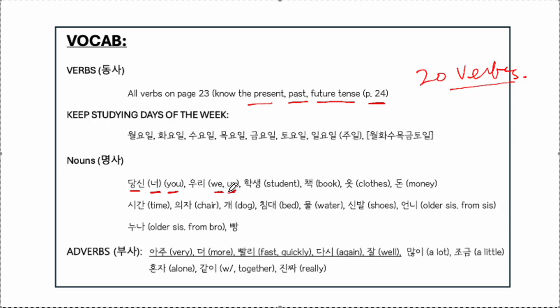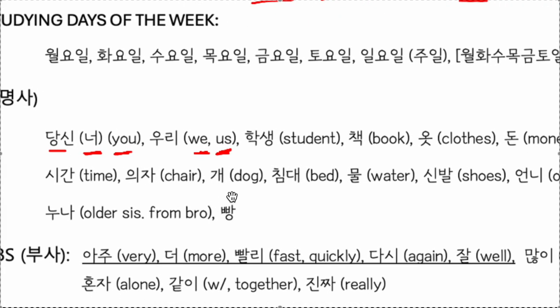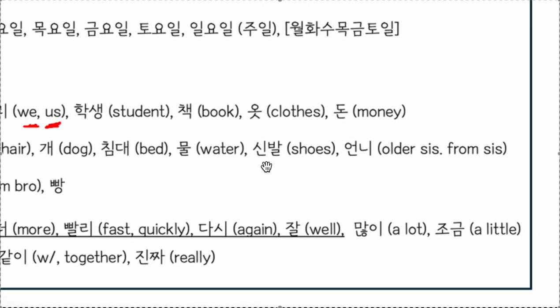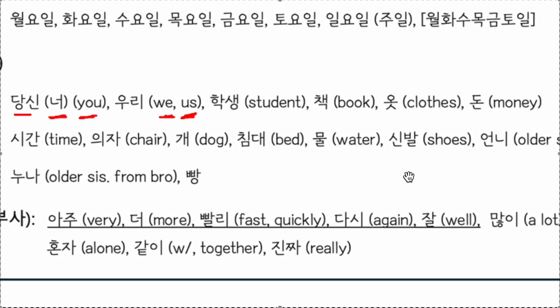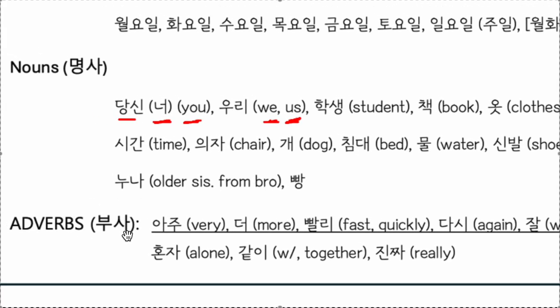It could be subject or it could be object. 학생 is student. 책, booklet, a book. 옷, clothes. 돈, money. 시간, time. 의자, chair. 개, dog. 침대, bed. 물, water. 신발, shoes. 언니 is an older sister from a younger sister. So if you have an older sister, you will call her 언니. If your husband has an older sister, he will call her 누나. 빵 is bread.